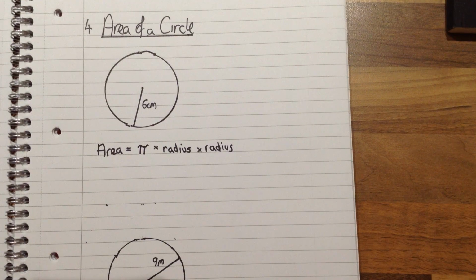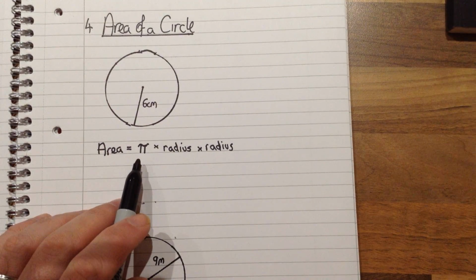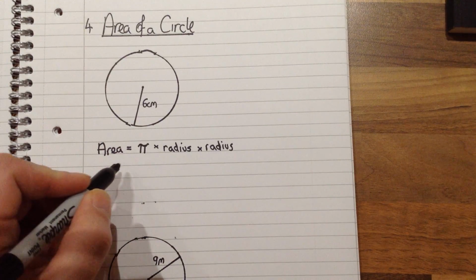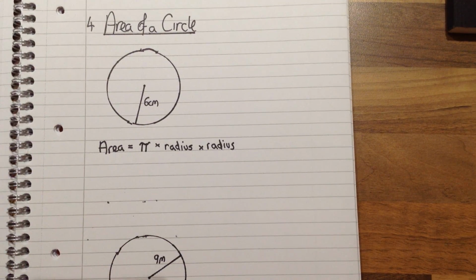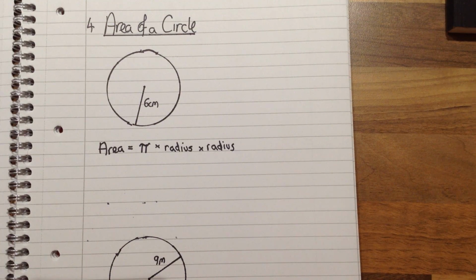Now what this number does is it is the link between certain parts of a circle. It works for this and what we are going to do next lesson. So pi is a number. It actually is worth 3.14 with a lot of the numbers after it on the calculator, but we'll use the one on the calculator to be able to do it, so we don't need to remember exactly what it is.